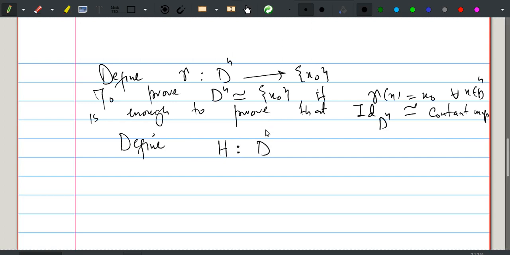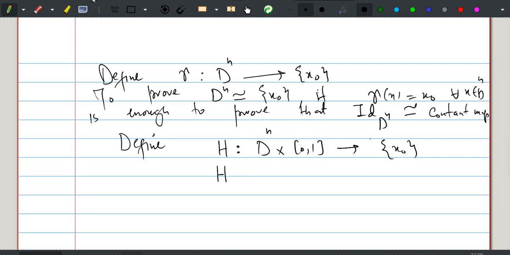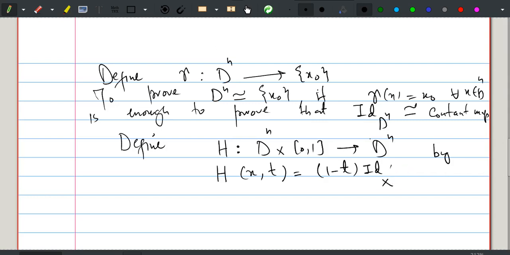Define H from Dn times the interval 0 1 to Dn by h of x,t as 1 minus t times the identity map on x plus t times this map R of x.